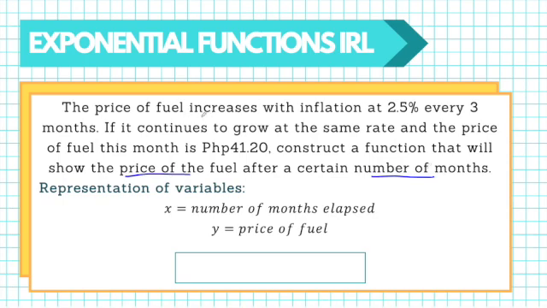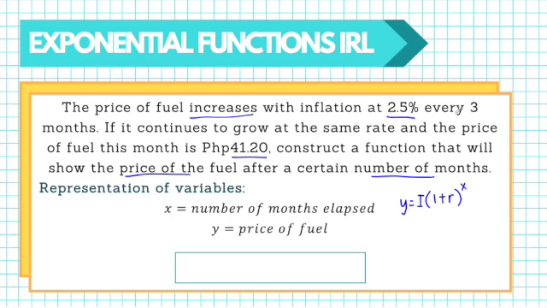Since it is indicated that the price of the fuel increases with inflation, we are going to use the formula for exponential growth. So we have y equals the initial amount times 1 plus the rate of increase raised to the number of times it increases. The initial amount is 41 pesos and 20 centavos and the rate is 2.5%.